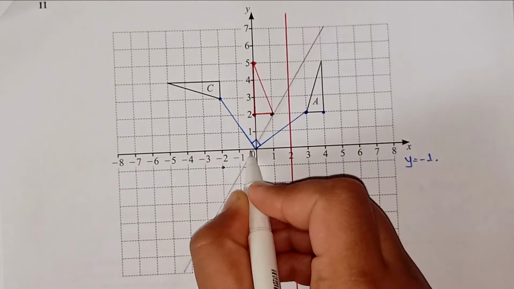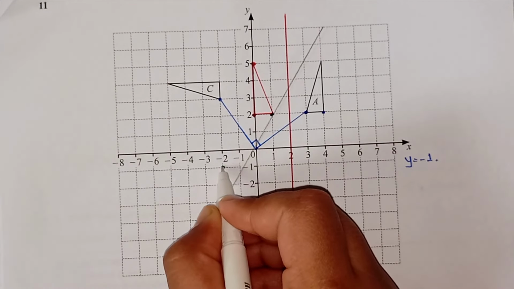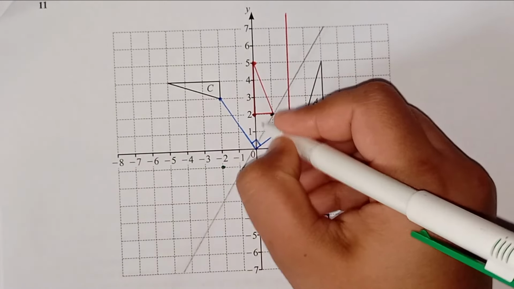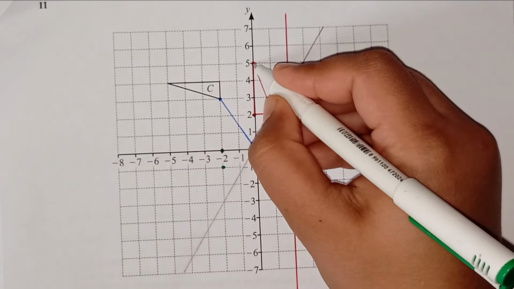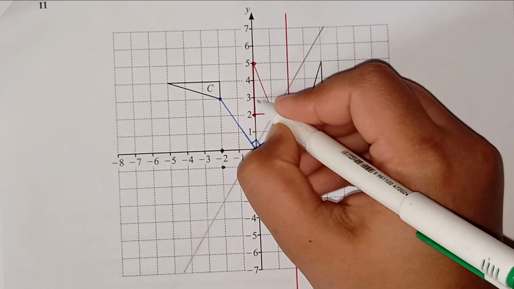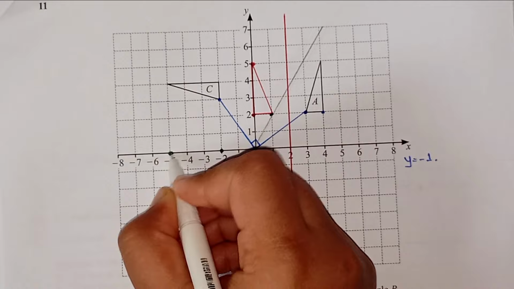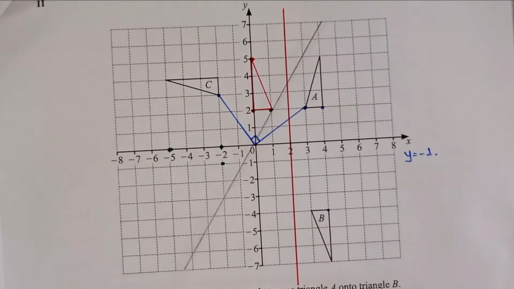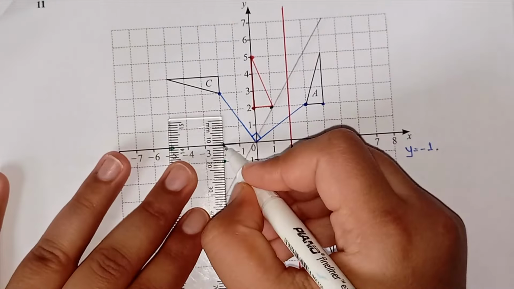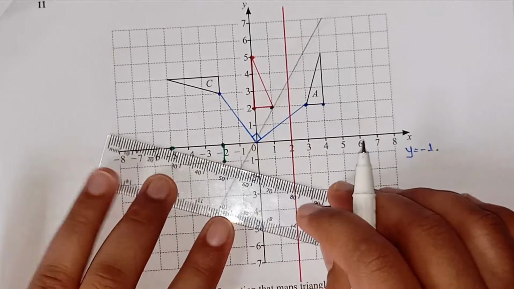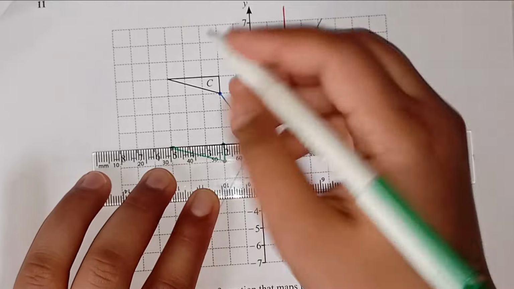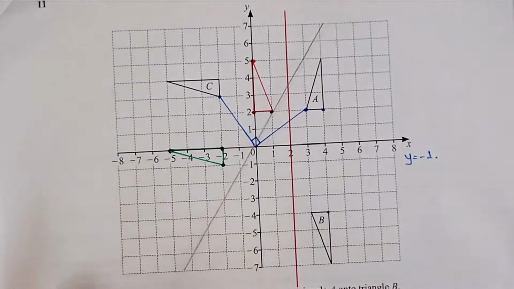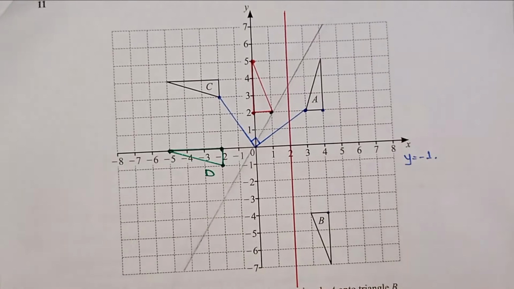This point would be this point. Now this point is 1, 2. So 1 and 2 would be this point. This point would be 1, 2, 3, 4, 5. So from here, 1, 2, 3, 4, 5. So the triangle D would be this after the two transformation M and the transformation R.